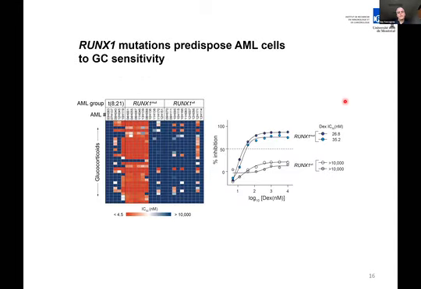And so Laura tested many more patients that are either RUNX1 mutated or RUNX1 wild type or t(8;21)s, and basically identified that a significant proportion of RUNX1 mutated patients were indeed responsive to glucocorticoids.